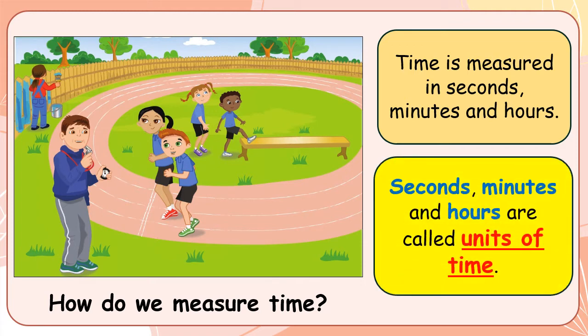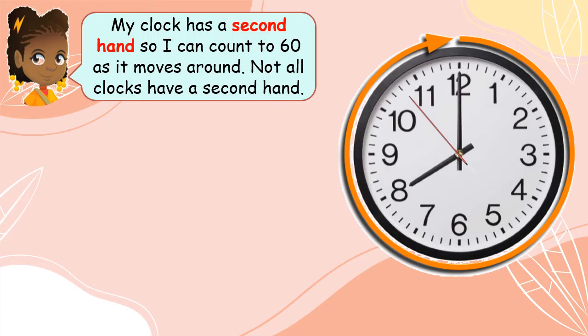Seconds, minutes, and hours are called units of time. This is Flo's clock. Flo's clock has got a second hand which is useful when we want to measure short amounts of time. But how can you tell which hand is the second hand of a clock?